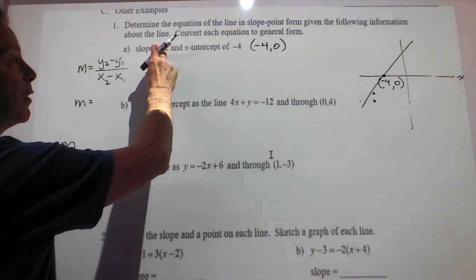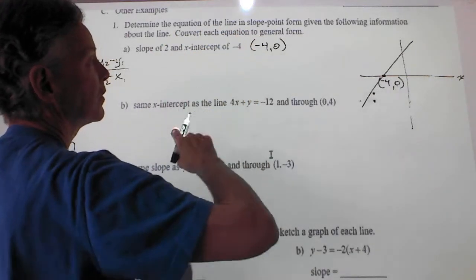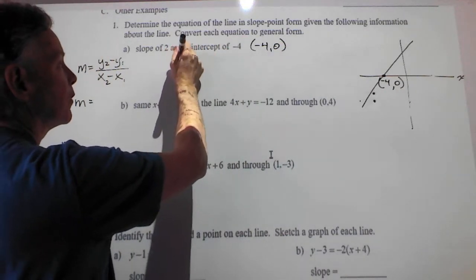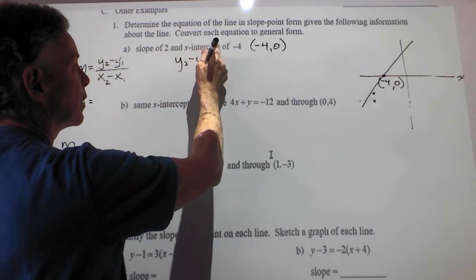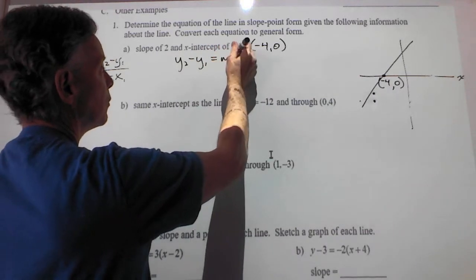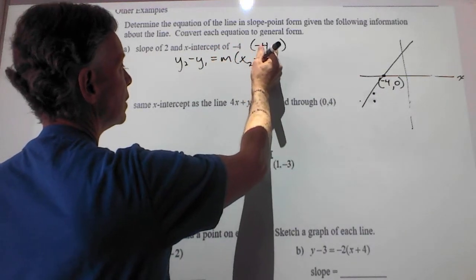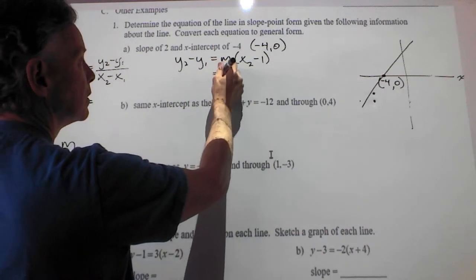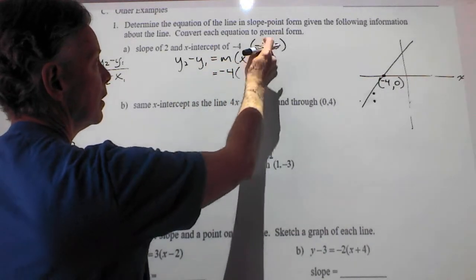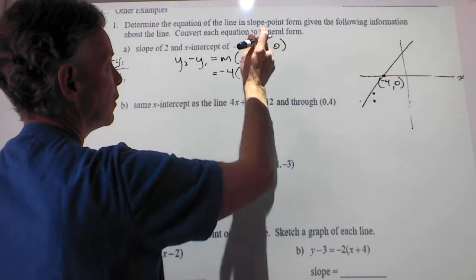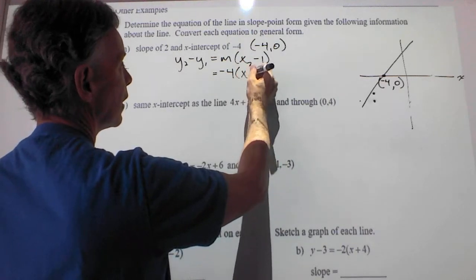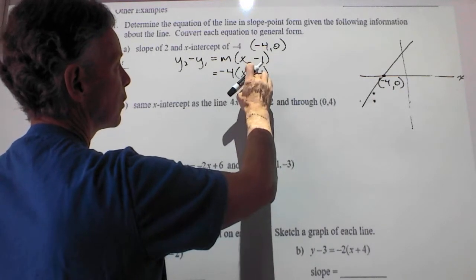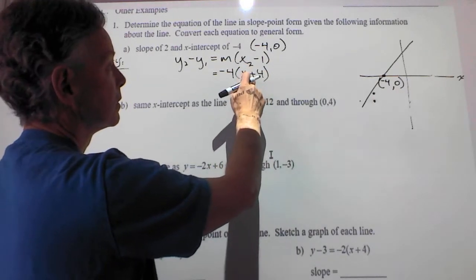So we have a slope of 2, an x-intercept of -4. Plug that into your slope point form. y2 minus y1 equals the slope times x2 minus x1. Your slope is -4. Your x value is also -4, so this becomes x plus 4. Remember, minus -4 is like saying plus 4.